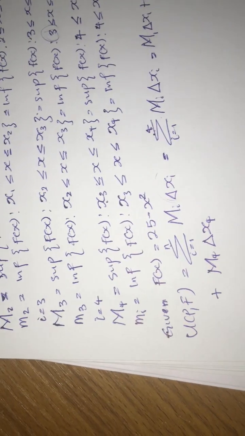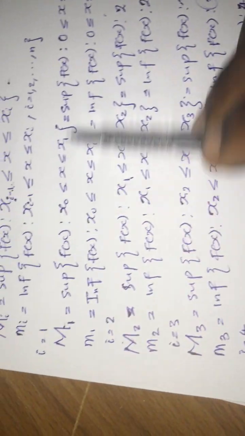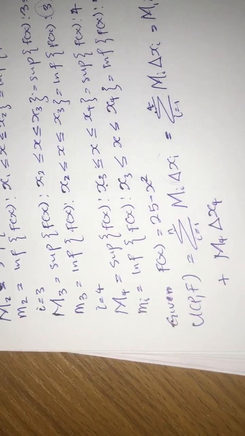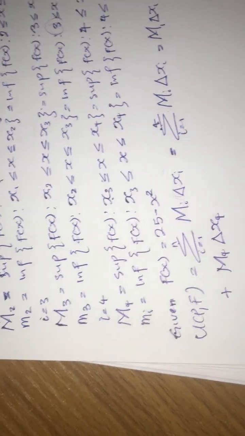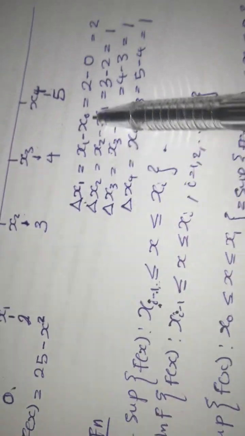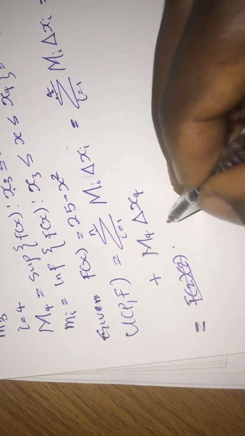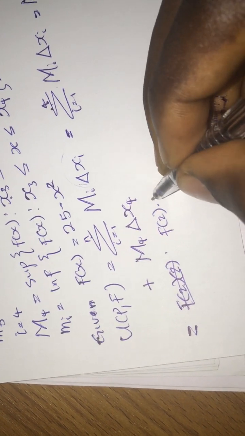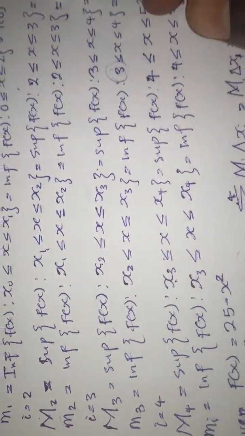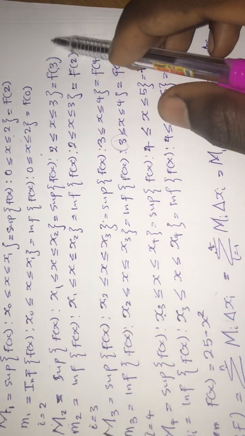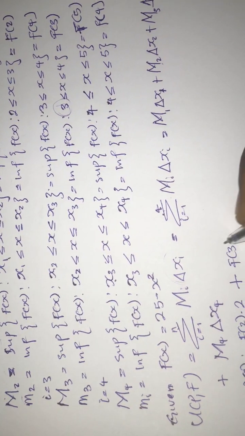Now let's have this. Our M1 here is f of 2, so function of 2. Our delta x1, look at where I'm defining it, is equal to 2, so that will be times 2. So let me write this expression: f of 2 dot 2, plus our M2, which is f of 3.